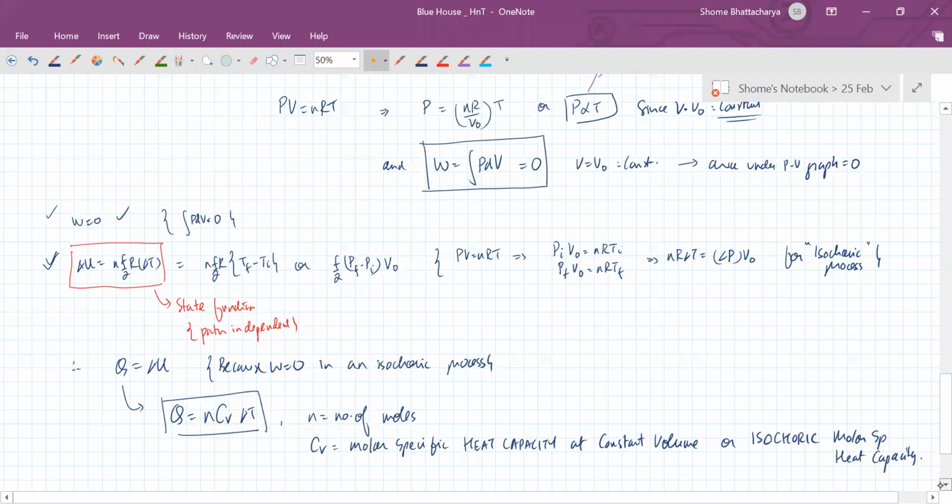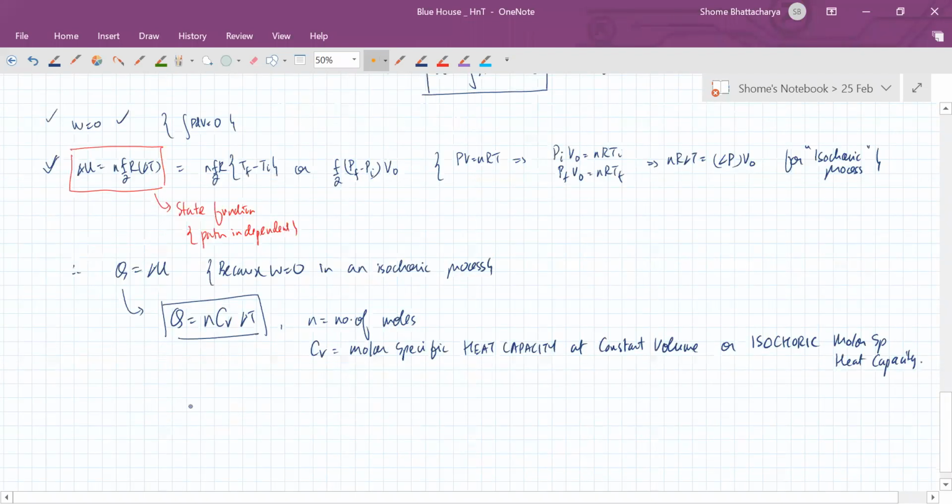So substituting this in the above formula, that Q is equal to delta U, n CV delta T is equal to nf by 2 R delta T, which gives us the formula for CV.